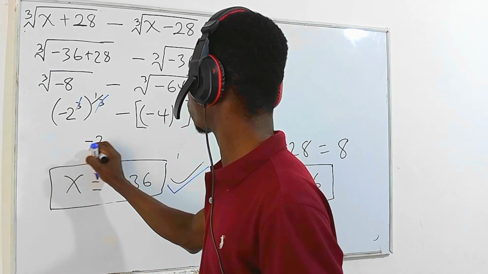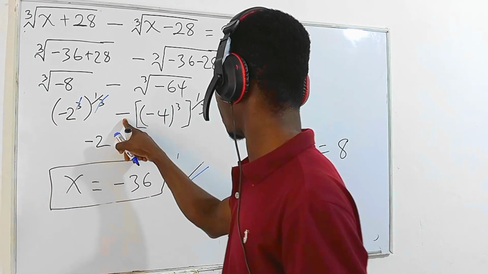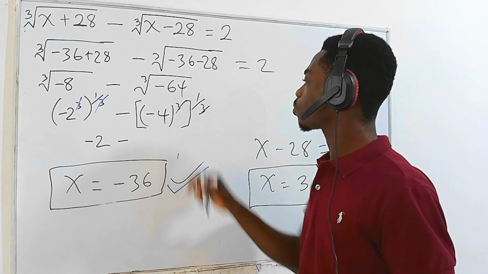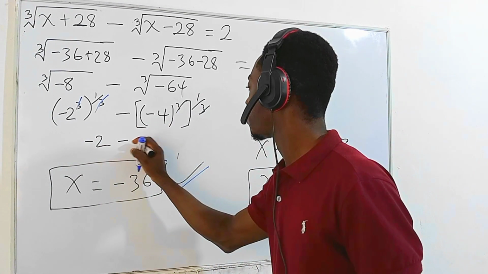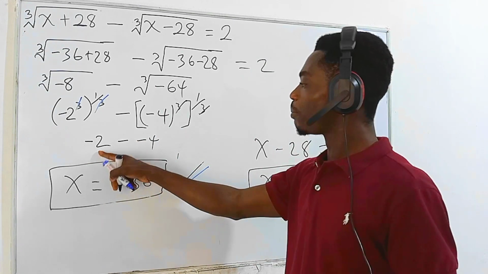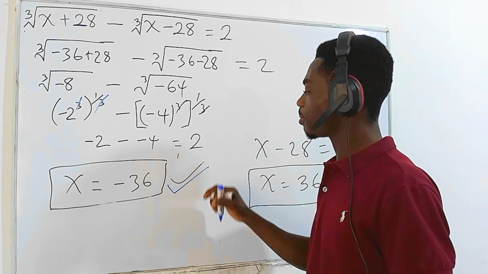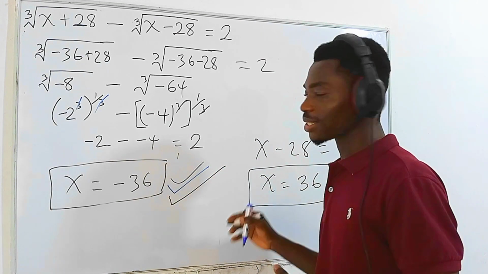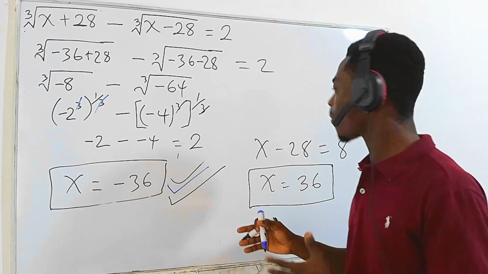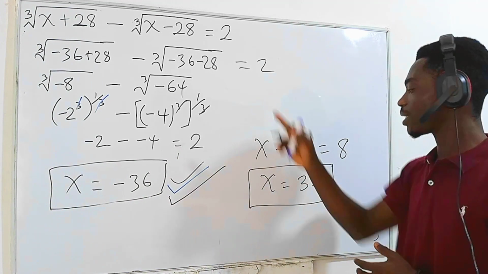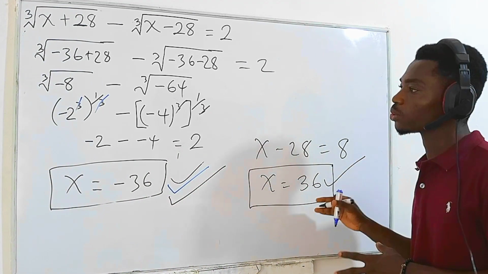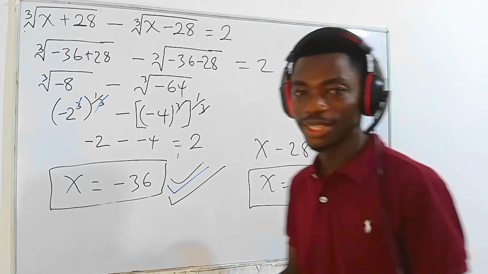We have minus 2, then minus, and these will also leave, and we are left with just minus 4. Minus 2 minus minus 4 is positive 2. So it means that this satisfies the equation. Therefore, if you replace x with positive 36, this will also satisfy the equation. You can check this out, right?